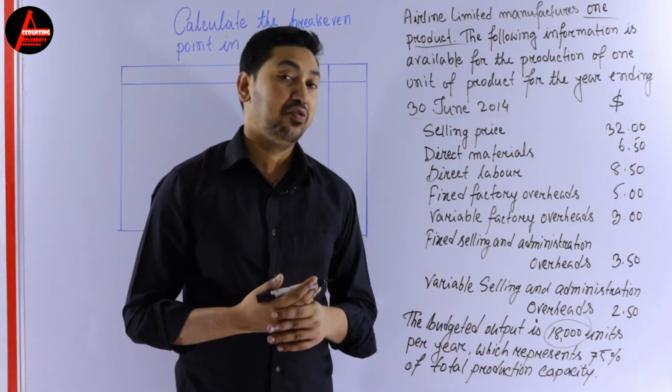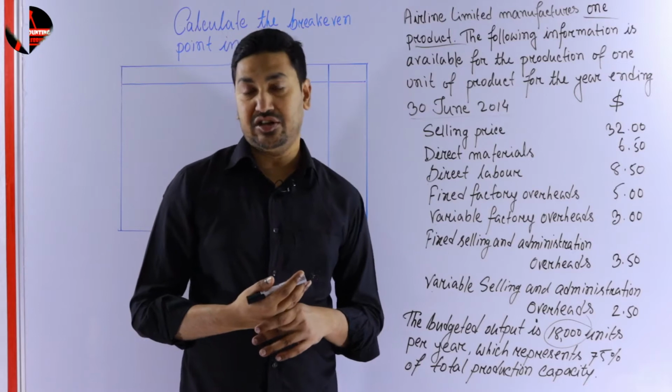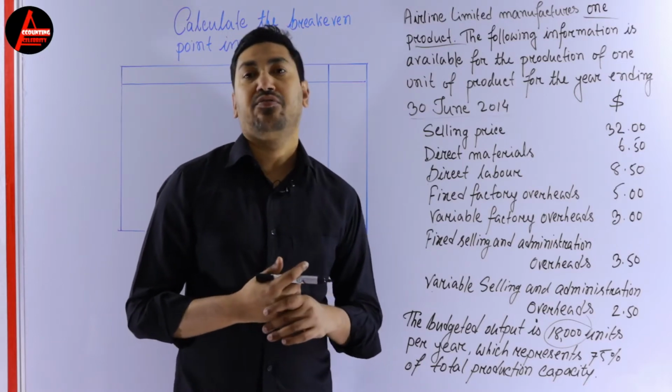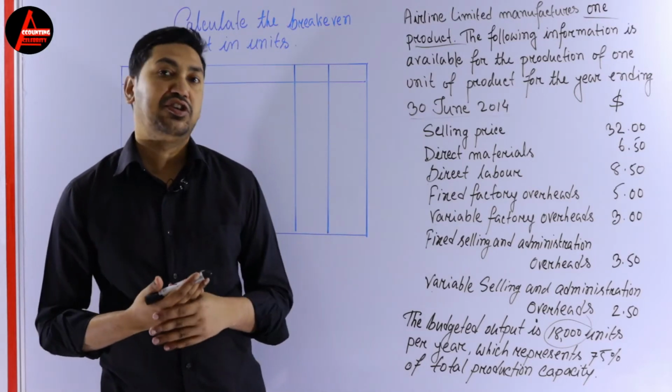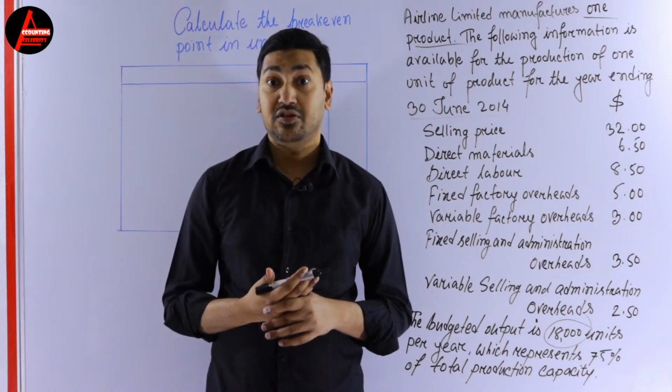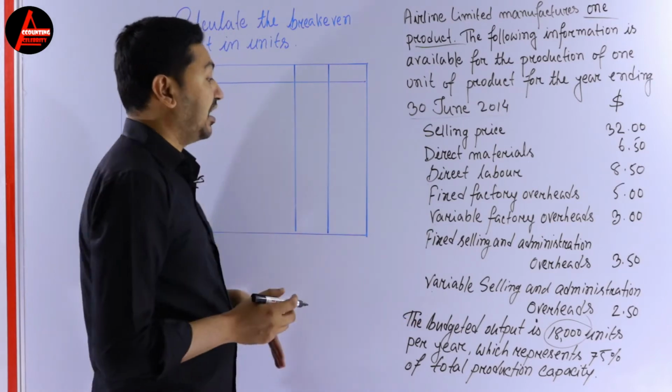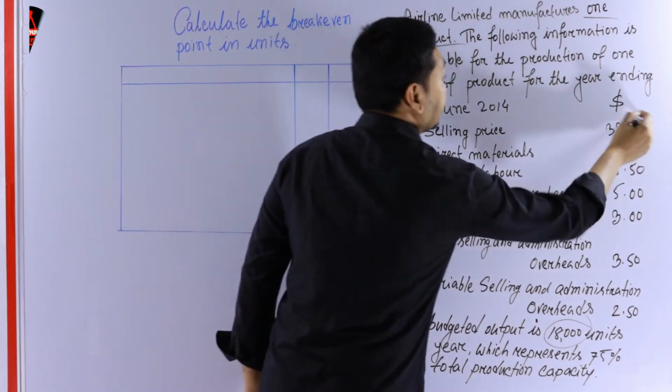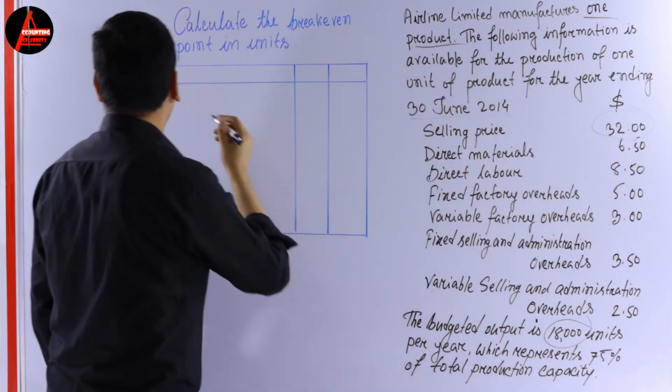First of all, we need to calculate the contribution. So how to calculate contribution? You know, contribution equals selling price minus variable cost. So let us write here selling price. So what is here? $32.